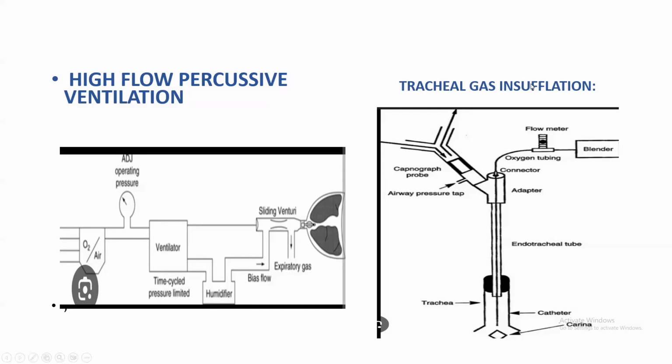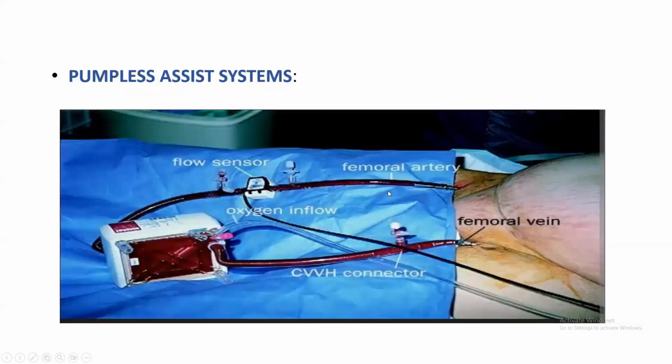In tracheal gas insufflation, the ventilation is directly supplied through the trachea, and the breaths are maintained to further eliminate the PaCO2 levels. In pumpless systems, we create the fistula between the femoral artery and the femoral vein, and the natural pressure gradient of the patient itself allows the gaseous exchange in this instrument.